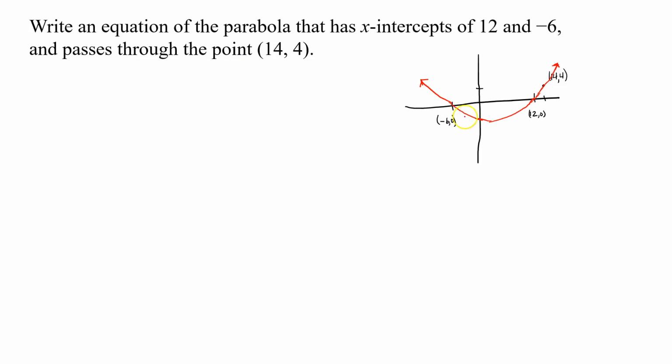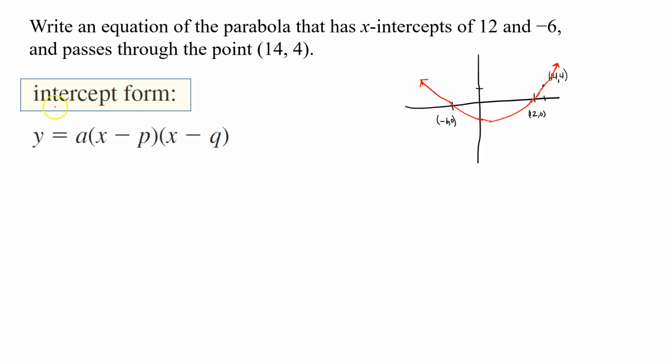Now, even without the picture, we can just go at intercept form. We have our x-intercepts, which are our p and q, so (p, 0) and (q, 0), and then our point is our (x, y), and we can just plug into this and solve for a.